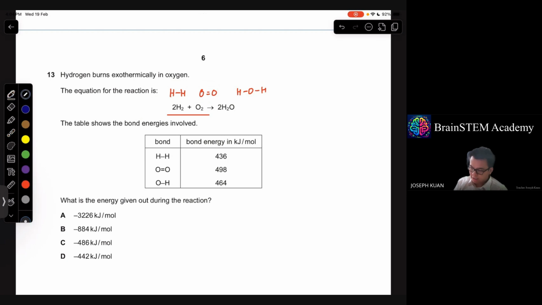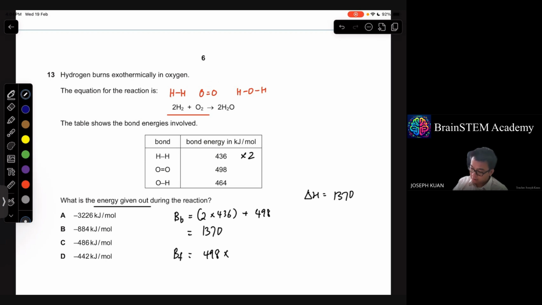Now, to calculate this one, we have to find out the bond breaking energy, which is among the reactants. We break two HH bonds, and also we break one OO bond. So that will give us 1370. Whereas for bond formation, it'll use up 498. So to find enthalpy change, simply take the bond breaking energy minus the bond formation energy. Okay, I must have made a mistake. Hold on.